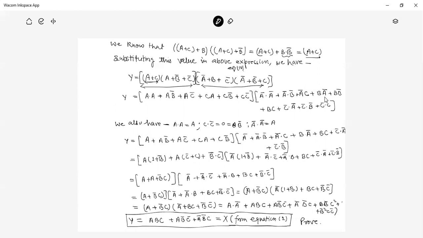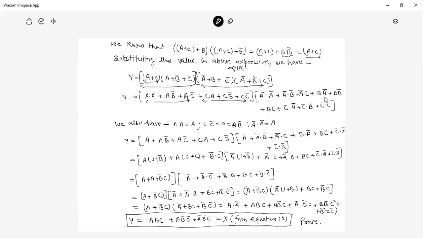So multiply: A multiplied with A, A into B bar, A into C bar. These are the three terms for A. And here C multiplied with A, C B bar, C C bar. So these are the three terms from this.